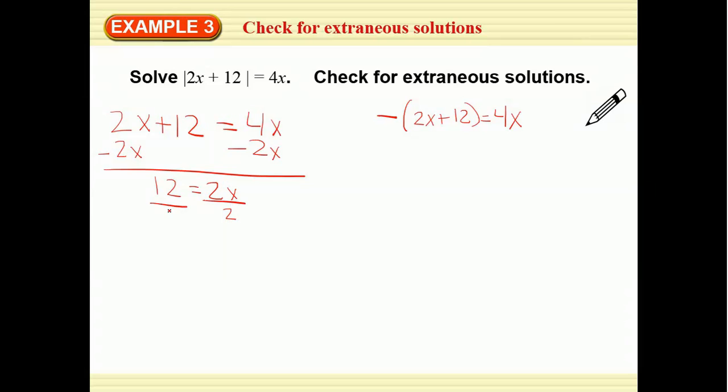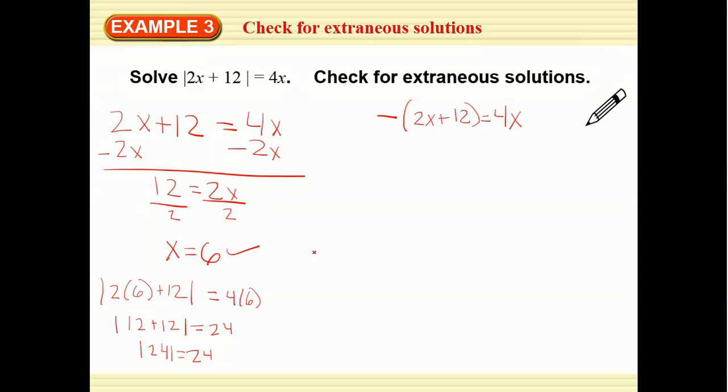Divide by 2, and I'll get x = 6. Now let's make sure it works. I'll get the absolute value of 2 times 6 plus 12 equals 4 times 6. Well, 2 times 6 is 12, plus 12 is 24. The absolute value of 24 equals 24. That checks out, no problems there.